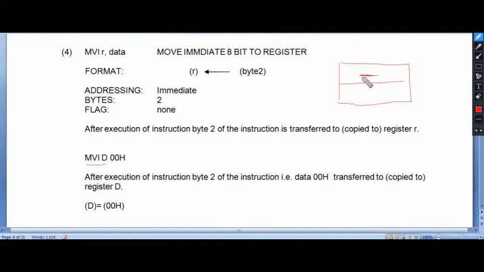That operation code is present here, and byte 2 of the instruction is 00. That means number 00 is present here. The byte 2 is number 00. The first one is the operation code.